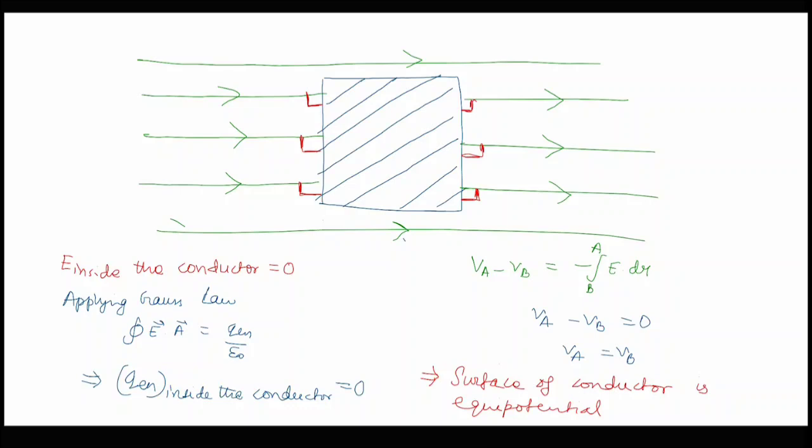So this is how we talk about a conductor. We have deduced the following conclusions: inside the conductor the electrostatic field is 0, if we apply Gauss law we find there is no net charge enclosed inside the conductor, and the surface of the conductor is equipotential.